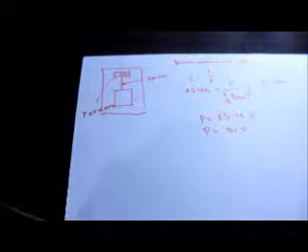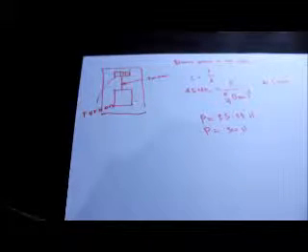So there's torsion around here. So first we're going to solve for the Tmax, then the angle of twist. For the torque of the motor, there is a motor here. It is equal to force times the perpendicular distance.